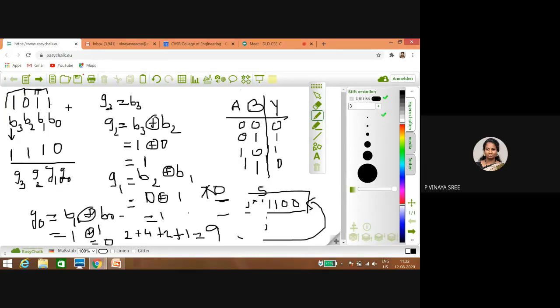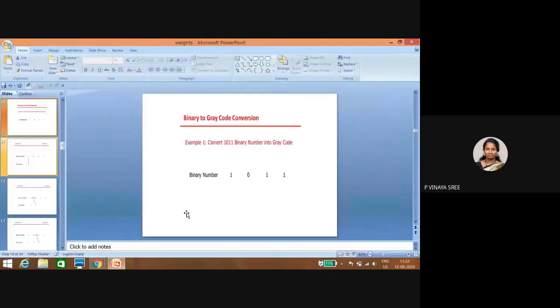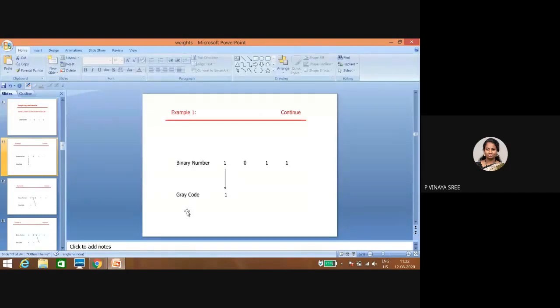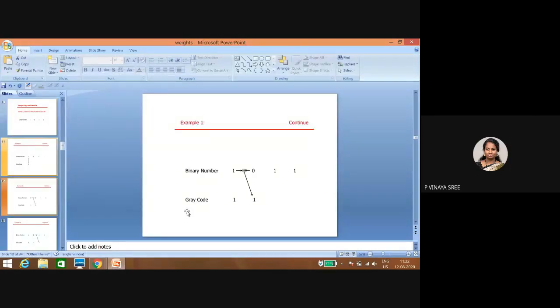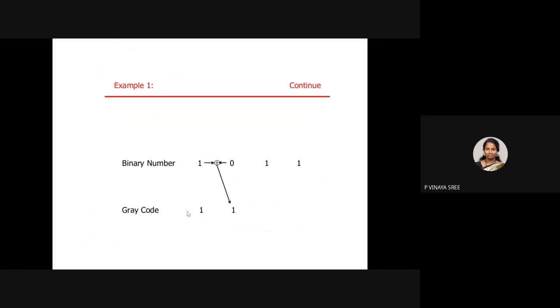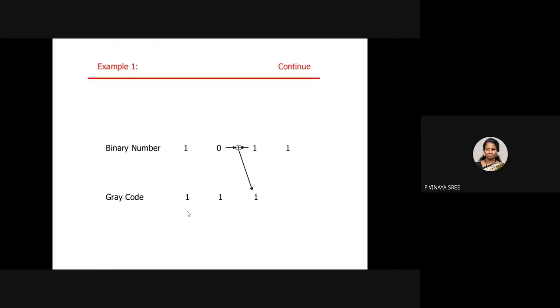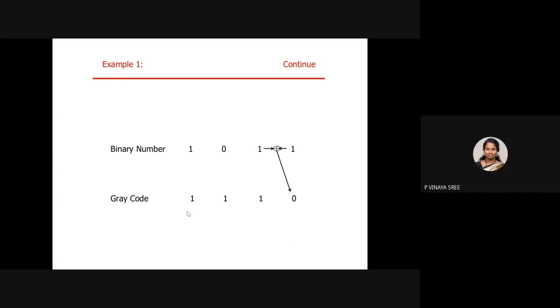So here 1011 gives us 1110. Look: the MSB is written as it is. Next, B3 and B2 XOR gives 1. Next, 0 and 1 XOR gives 1, and 1 and 1 XOR gives 0. So we got the same answer, 1110. Yes, 1110.